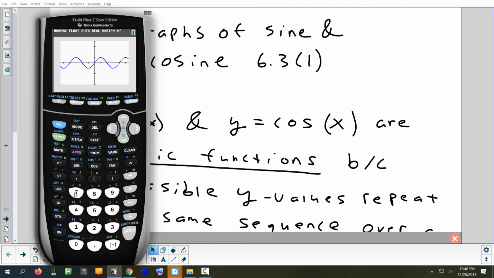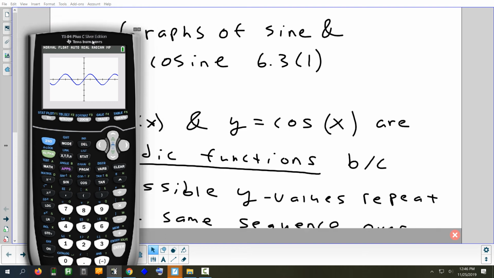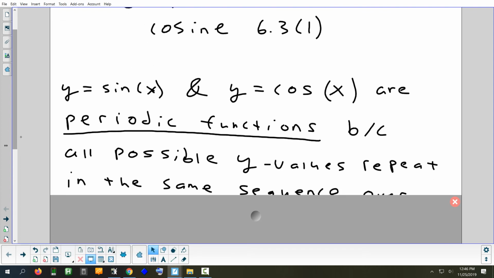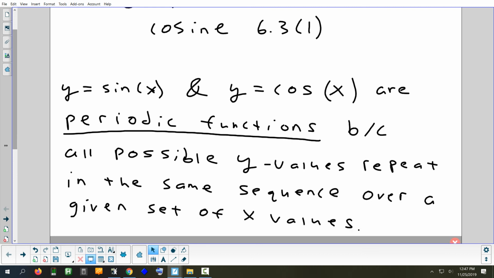So that's the idea of a periodic function. The same y values just keep repeating over and over. But there's a certain amount of the graph you have to go through before those values will start to repeat.